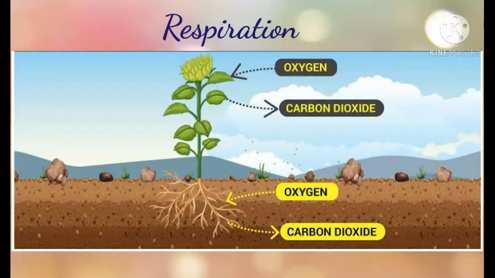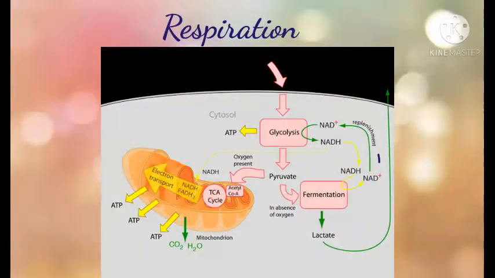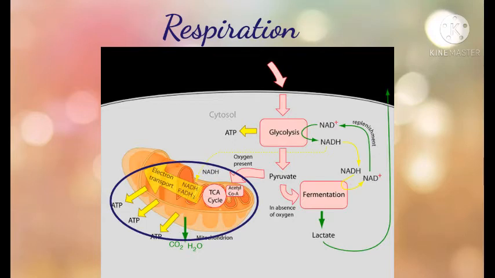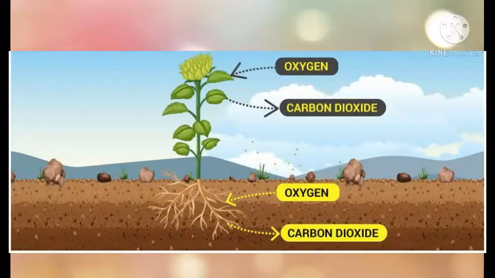So, in plants, where does respiration take place? The process of respiration takes place partly in the cytoplasm of the cell and partly in the cell organelle called mitochondria. Let's see what the basic steps involved in respiration are. Air which contains oxygen is taken into the plant body through the minute pores present in the leaves called stomata.